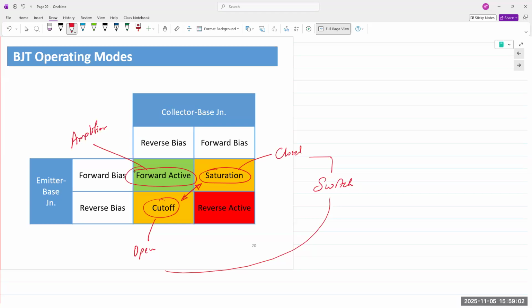How about reverse active? When emitter-base is reverse biased and collector-base is forward biased. What use is there for reverse active? For those of you who finished lab 7, did you encounter the reverse active mode? Maybe, maybe not.